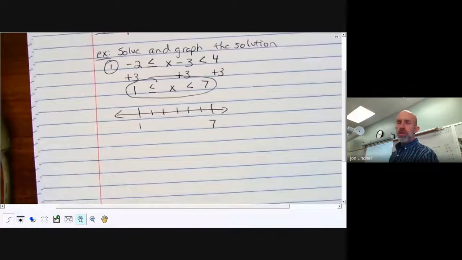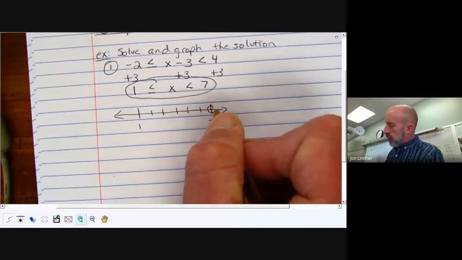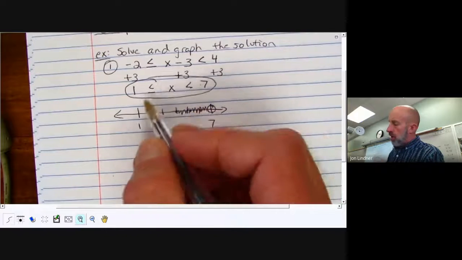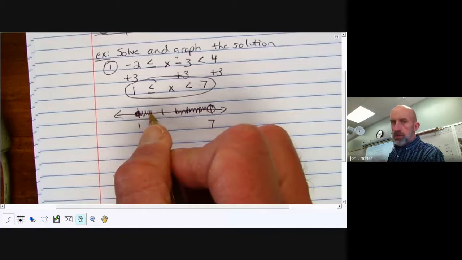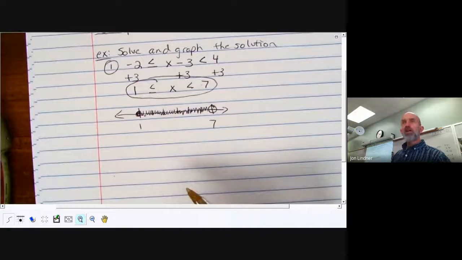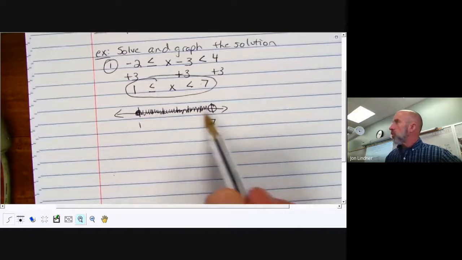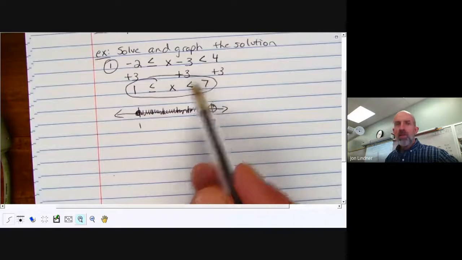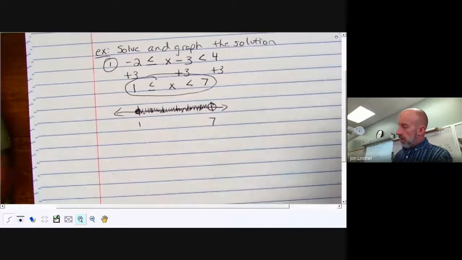If I'm going to show this on a graph, it's less than 7, so it's an open circle, but also greater than or equal to 1. And there's our answer on the graph. Every one of those numbers in between is less than 7 and bigger than 1, right? So that one is done.